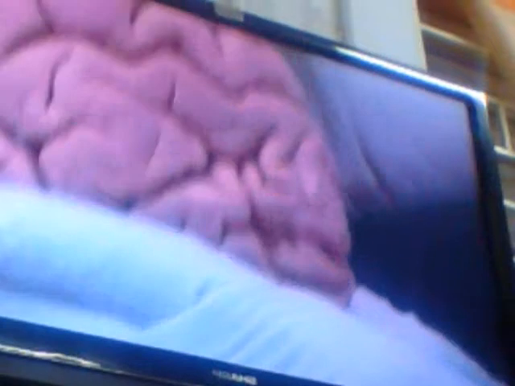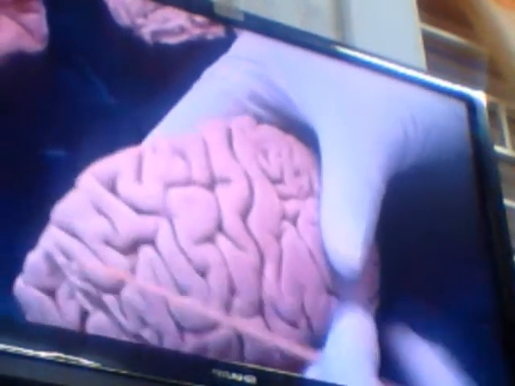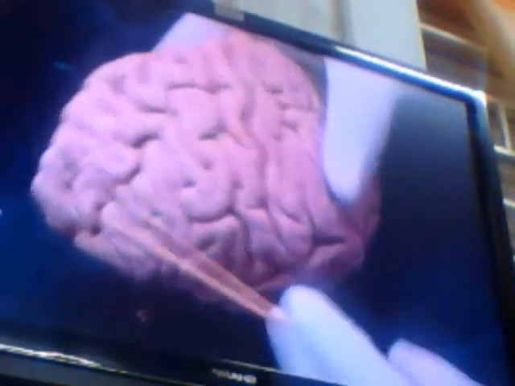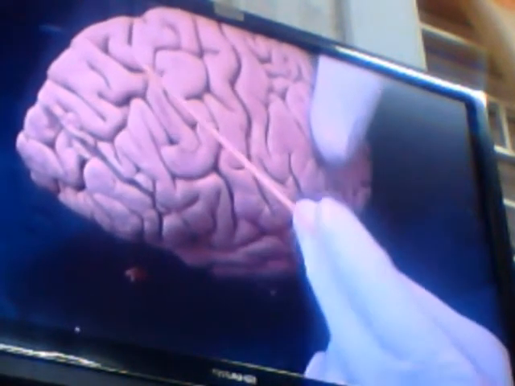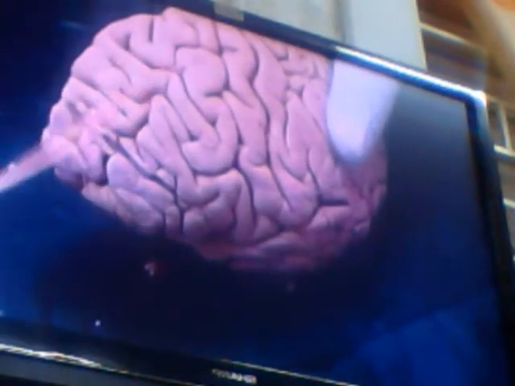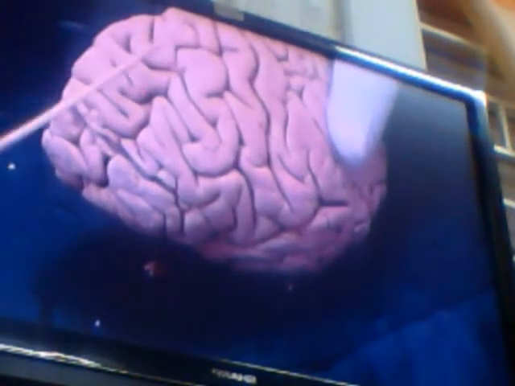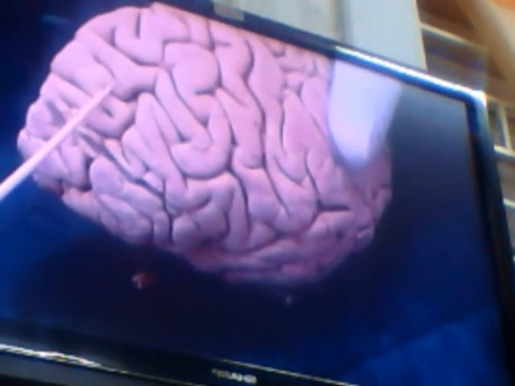Okay. So we did the frontal and we did the temporal. And let us look a little bit at the central, Rolando's area. Now, look at the superior frontal. Here you can see that they're pretty short.